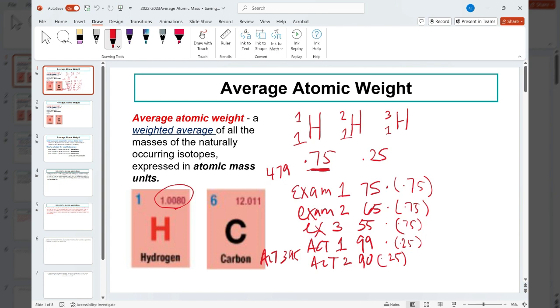And activity 95 times 0.25. Also, for this, you are definitely getting a calculator and a periodic table.